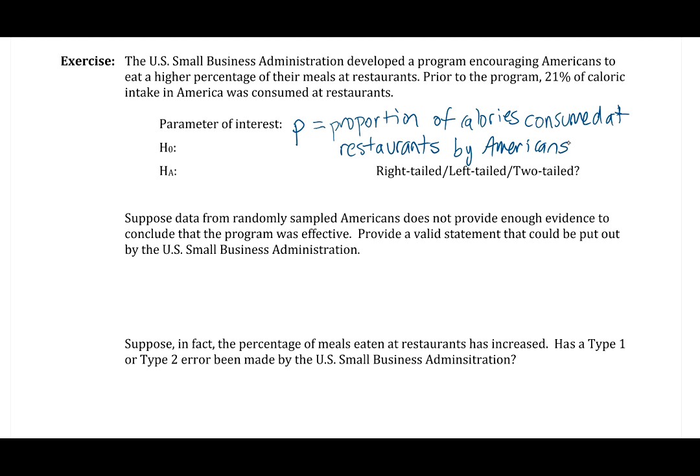You can always find those statements in the problem statement, like where did they define what they're talking about. In this case, they were talking about the percentage of caloric intake in America, so I could have phrased it that way also.